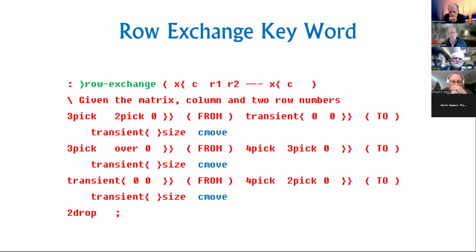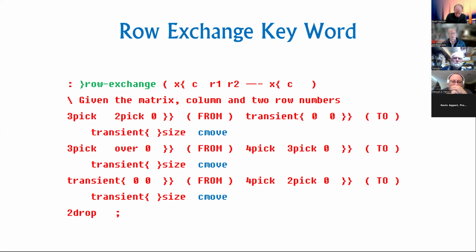The row exchange is where we spend most of the computing time. In this case, the first sequence of the 3-pick, 2-pick, and so on takes the first row and copies it into the transient buffer. The second row takes the second row of our matrix, moves it to the first position.